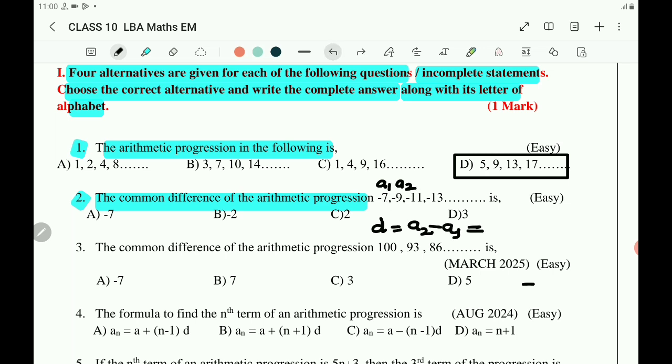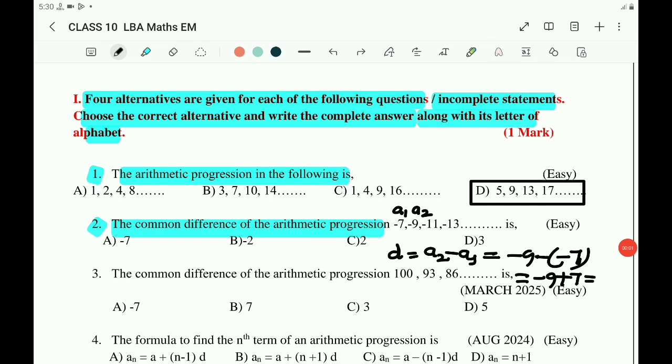A2 is minus 9 and A1 is minus 7. So minus of minus 7 you must do. This is A2, this is A1. Therefore you can write minus 9, minus of minus 7, plus 7 it becomes. So minus 9 plus 7.